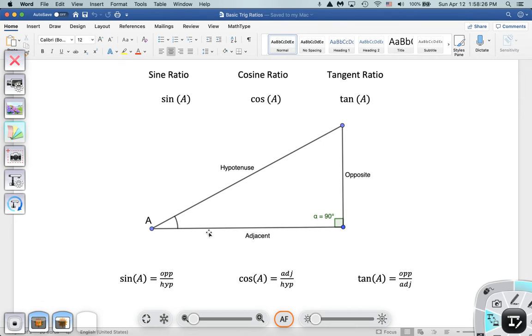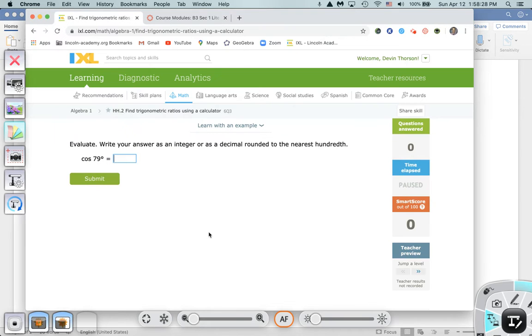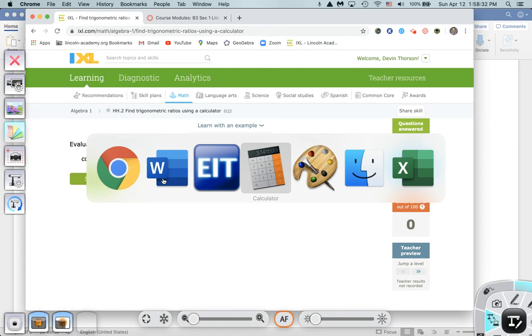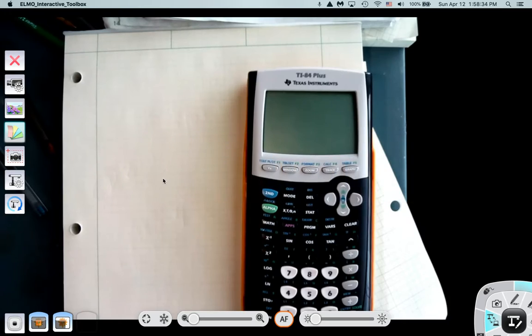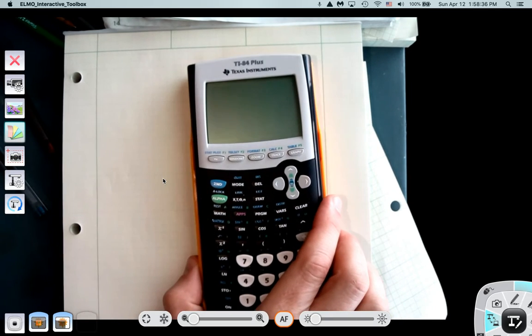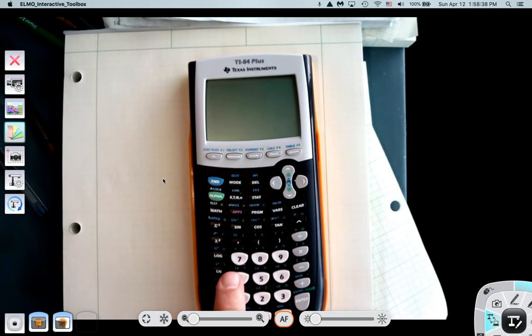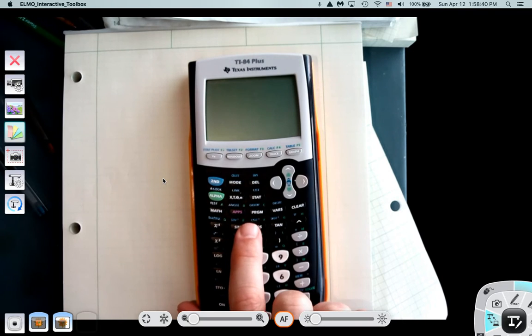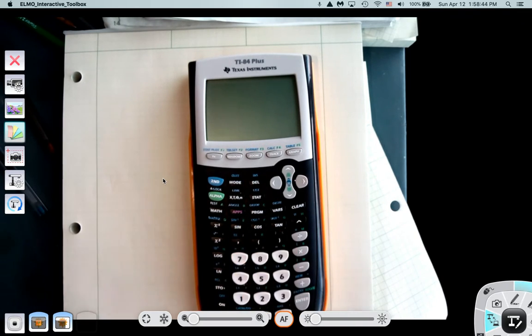Others will have degrees. So for instance, if I come here to this cosine of 79 degrees and I go to my calculator, I'm going to show you this reference, a TI-84 calculator. We have our three trig functions: sine, cosine, and tangent.